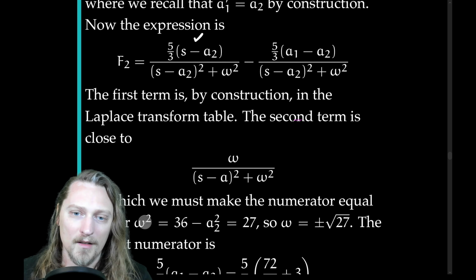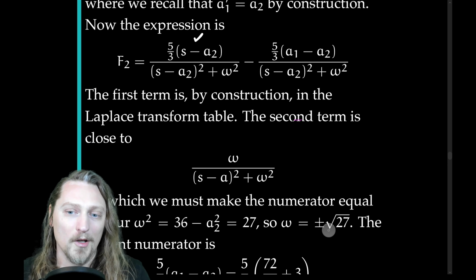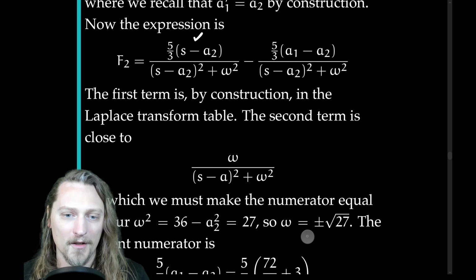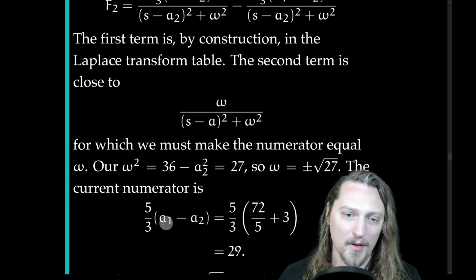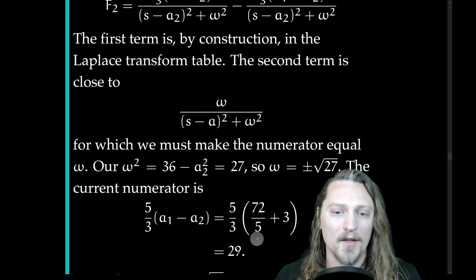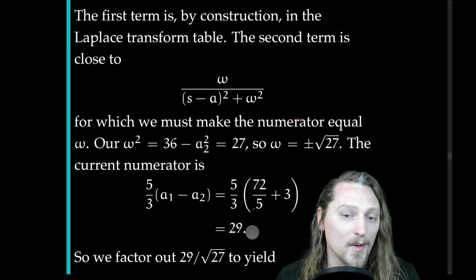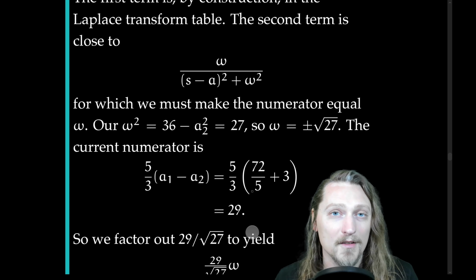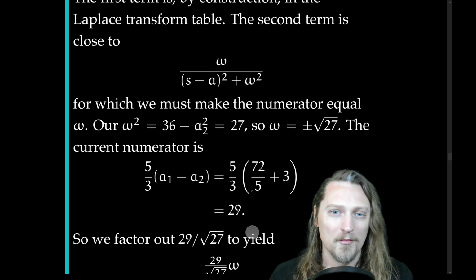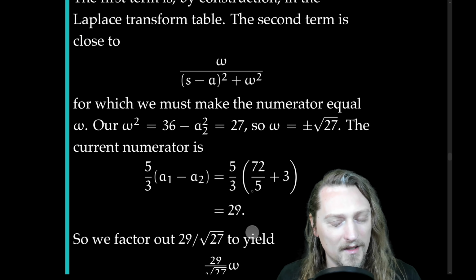Our omega squared is 27, so our omega is plus or minus the square root of 27. The current numerator is, if we plug in a1 and a2, 29, okay? 29 is not plus or minus the square root of 27. Okay, so that would have been magical if it had just popped right out, but it didn't.